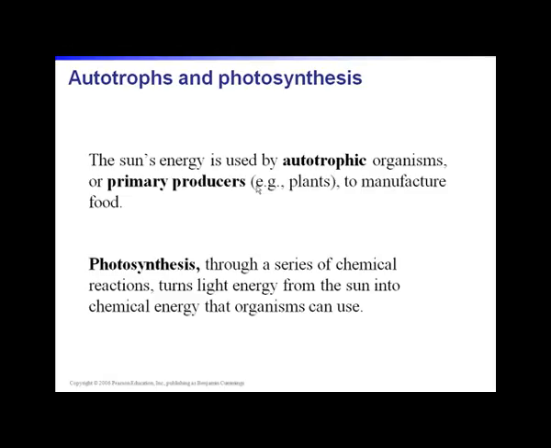So these are things like plants and algae and some bacteria that can manufacture their own food using sunlight. The process of photosynthesis is used by primary producers. These primary producers can turn light energy from the sun into chemical energy, right? Which is in the form of glucose, right? Those bonds between the glucose molecules.